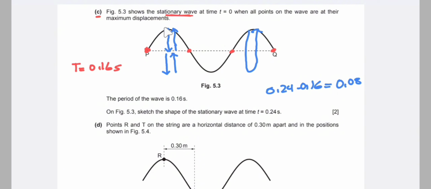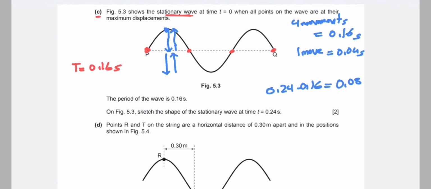That is from this point to this point, that is 1, 2, 3, 4. So for four movements, the total time is 0.16 seconds. So for one movement, what is the time? That is 0.04 seconds.